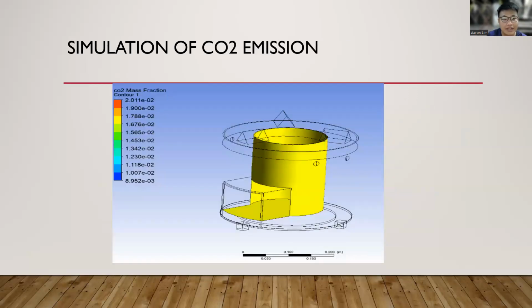After that, let's look at the simulation of carbon dioxide emission. This is very important, as our project is to minimize carbon dioxide emission, because carbon dioxide can cause a health risk. In this design, the carbon dioxide emission is still at a not very healthy level, about 1,067.